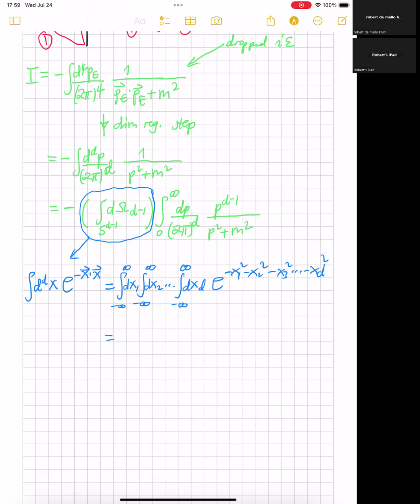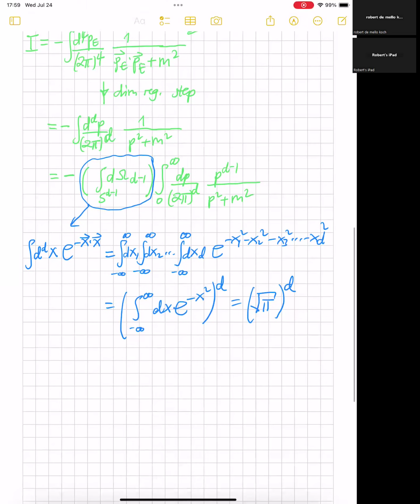What is this? This is just the integral from minus infinity to infinity dx of e to the minus x squared, raised to the power of d. And you know what this is. Each integral gives you the square root of pi. So this is going to give you the square root of pi raised to the power of d. Good. So that was pretty easy to evaluate directly.